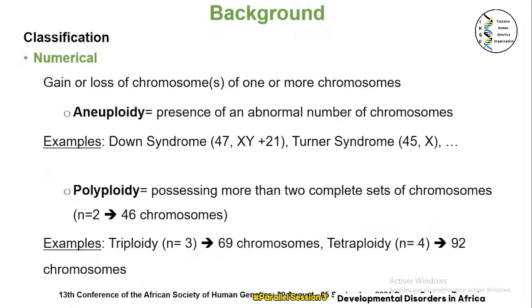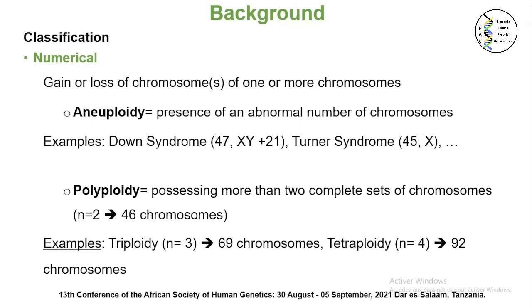The numerical abnormalities are more common than the structural and consist in a gain or a loss of one or more chromosomes. They are divided into two types: the aneuploidy and the polyploidy. The aneuploidy is the presence of an abnormal number of chromosomes.